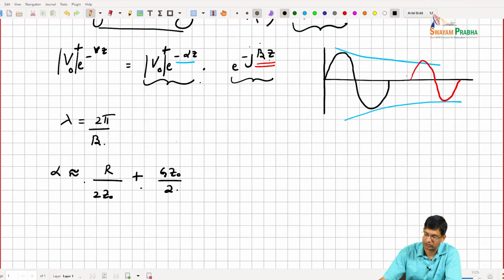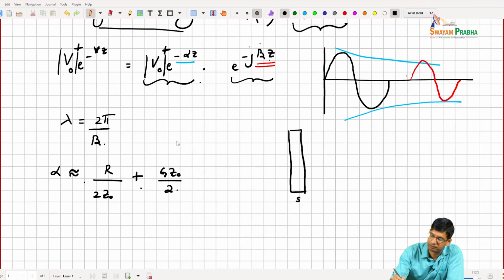So if we were to think about, for example, a transmission line that we implement as a microstrip on a chip, there is a signal, and then there is a ground plane below it, for example. So this would be the top view.